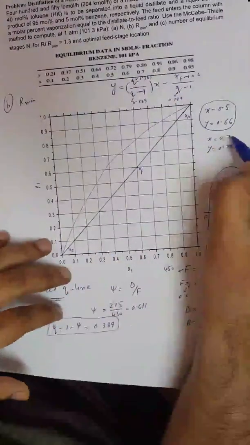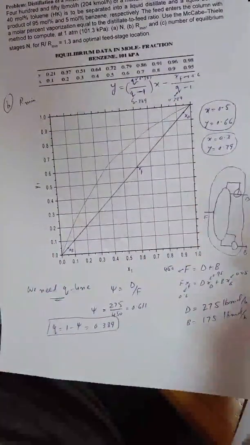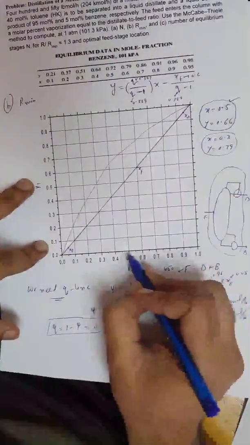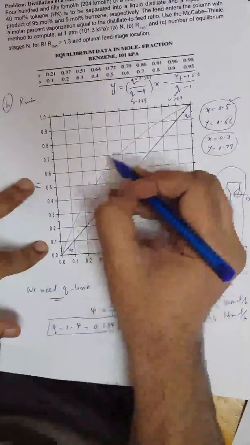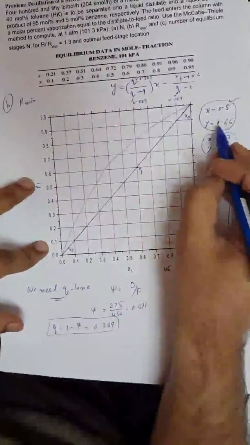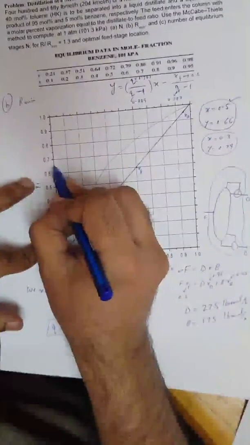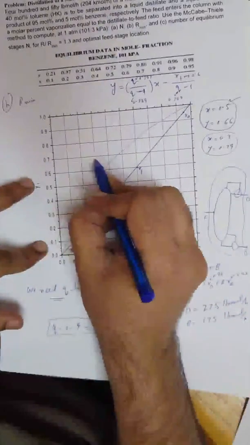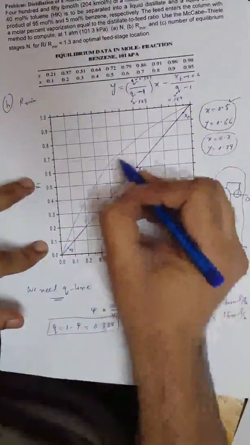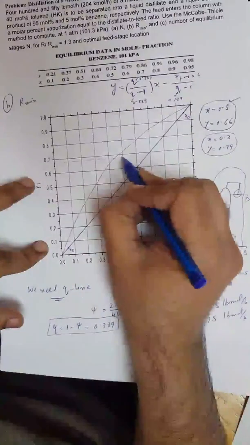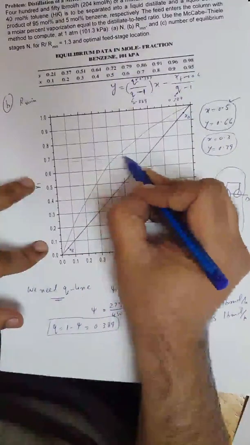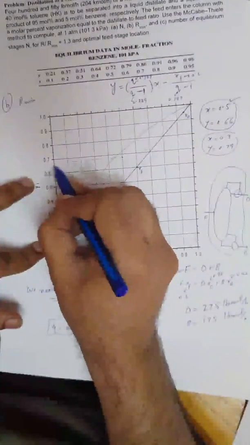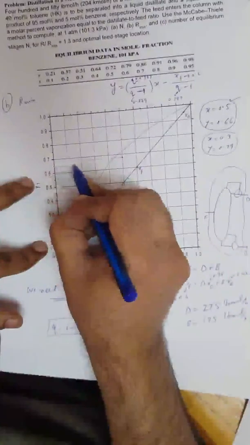So you can put any value of x between 0 and 1. Let's say x at 0.5, go up, up, up. So at 0.5, y is 0.6, sorry, 0.65, and 0.66 is slightly above that.